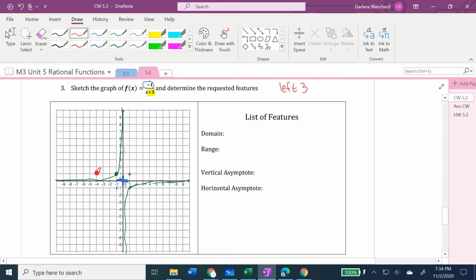This point moved left 3, 1, 2, 3. And the plus sign moved left 3. And then that is where this graph is going to be. So I'm going to erase the previous graph. And I'm going to use blue for asymptotes to distinguish it from the rest of the graph.